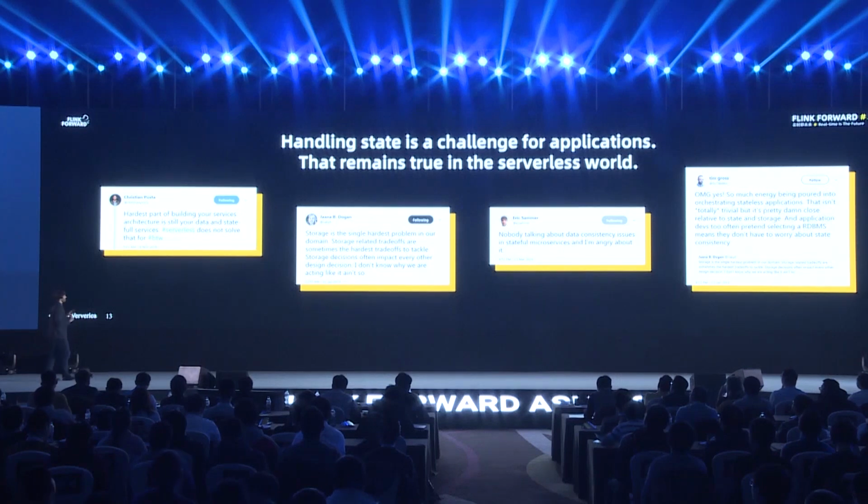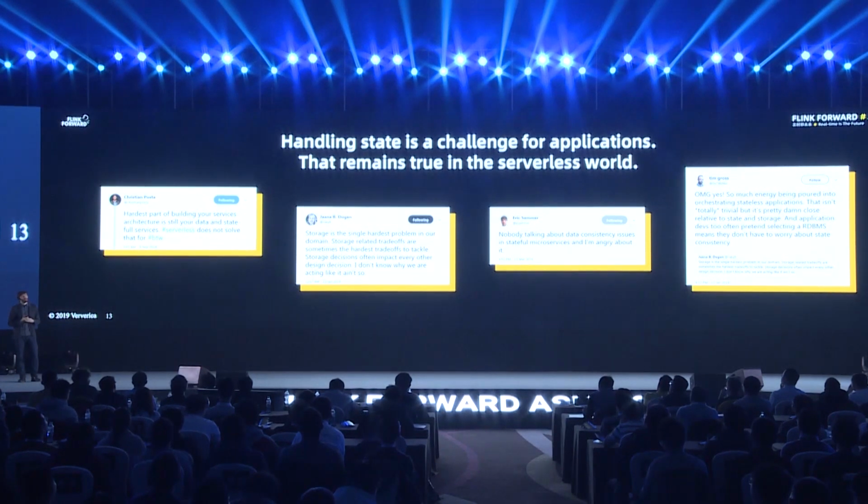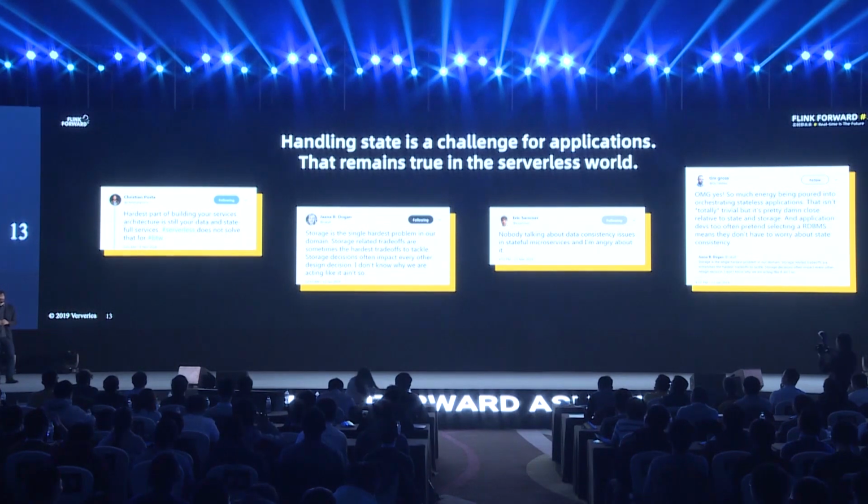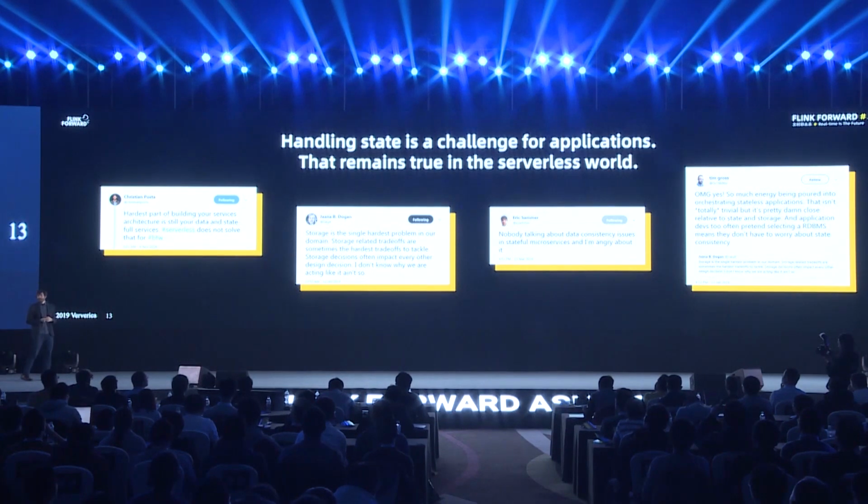And I just collected a few random opinions from the internet that I think say this pretty well. We've made some really good advances in the area of orchestrating stateless applications, but we still have a lot of trouble orchestrating stateful applications and making the experience of those really nice.